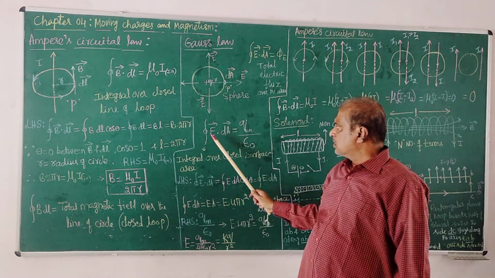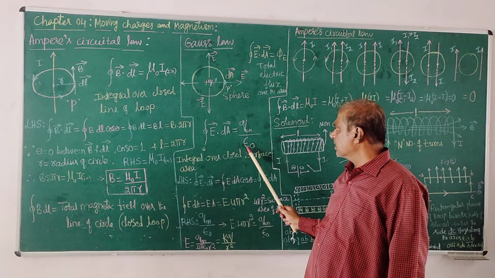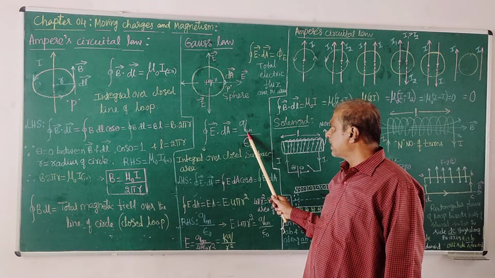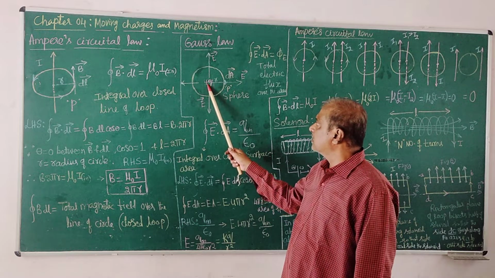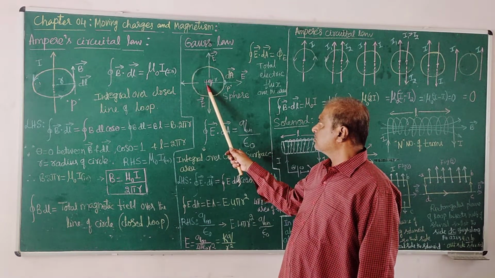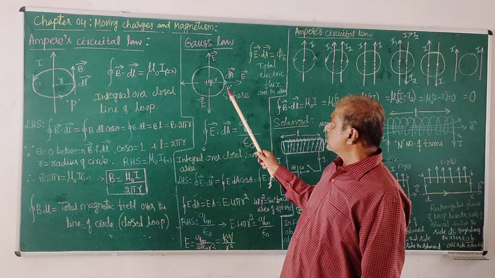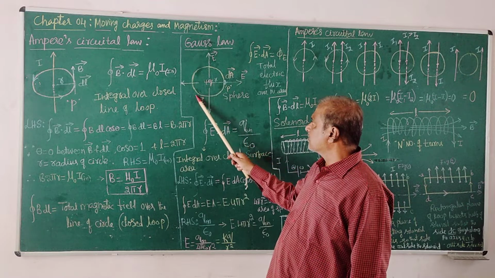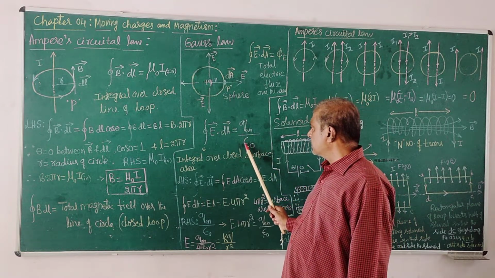So this equals Q divided by epsilon naught. Q means Q enclosed, the enclosed charge. Only the charge enclosed in the surface. That is the magnitude. Whatever amount of charge is enclosed will decide the electric field at the surface. That is one. Divide by epsilon naught.